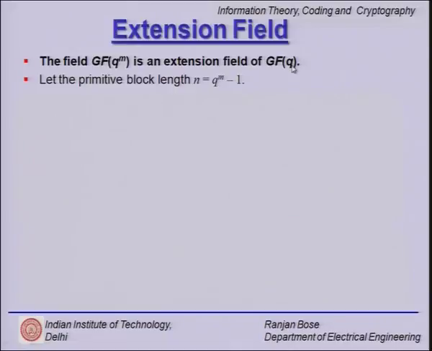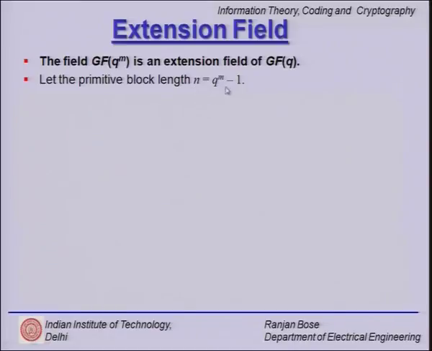So, q is a prime number, q raised by m prime power is also an extension field, it has to be a Galois field by definition. So, GF(q^m) is an extension field of GF(q). So, GF(4) is an extension field of GF(2), GF(16) is an extension field of GF(2), GF(9) is an extension field of GF(3), and so on and so forth.